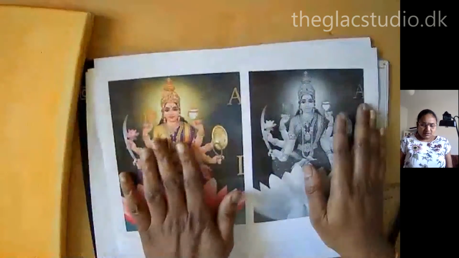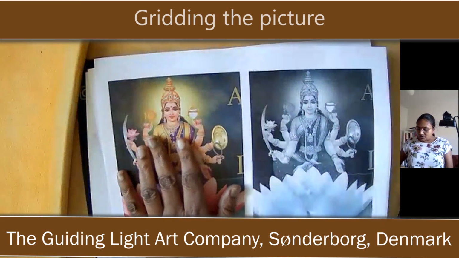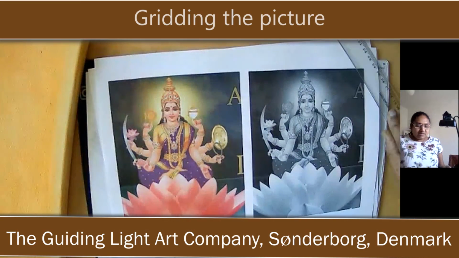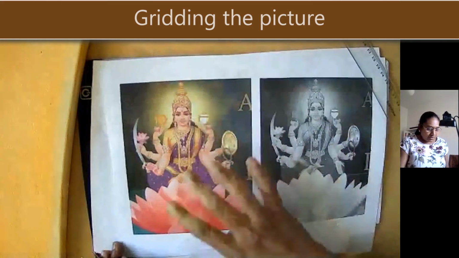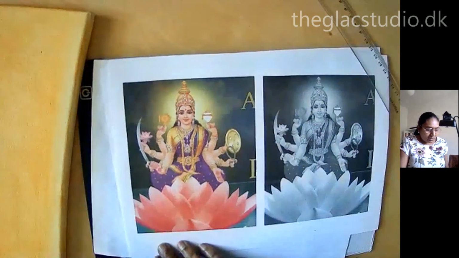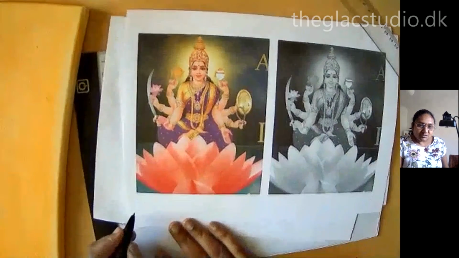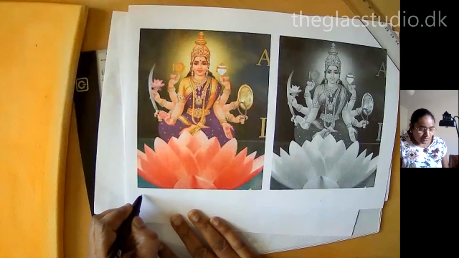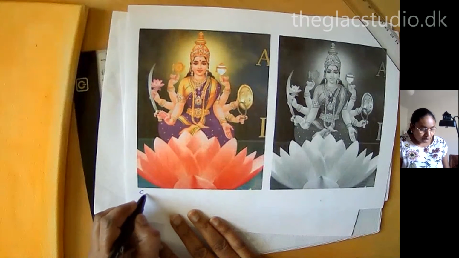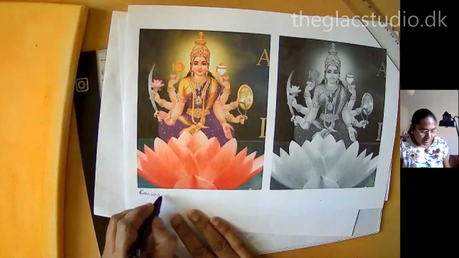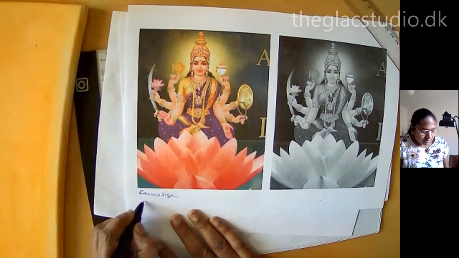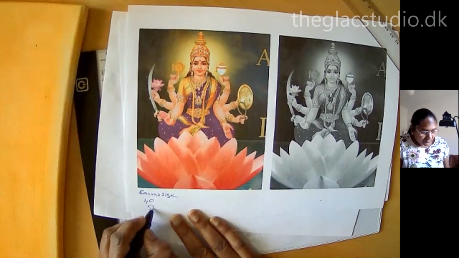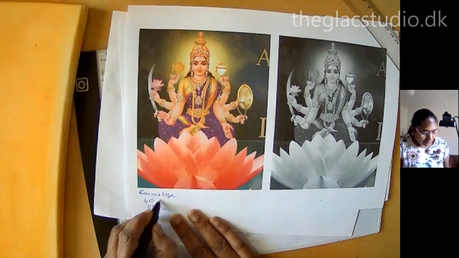Before I get started with the grids, what kind of canvas were we talking about in the basic section? We are working with a 40 by 50 centimeter canvas. So I'm just going to write that down here. Canvas size is 40 by 50 centimeters.